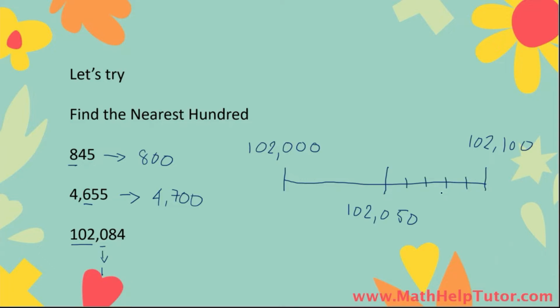Our number is 102,084, so it should come before 90 but after 80, around here. Since our number comes after 102,050, or is bigger than 102,050, we know that our number is nearer to 102,100.